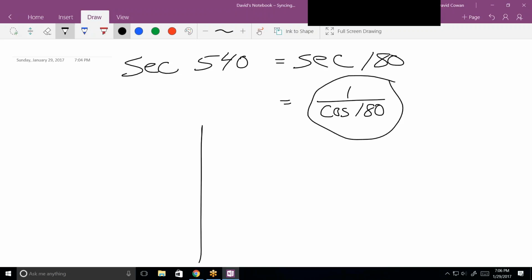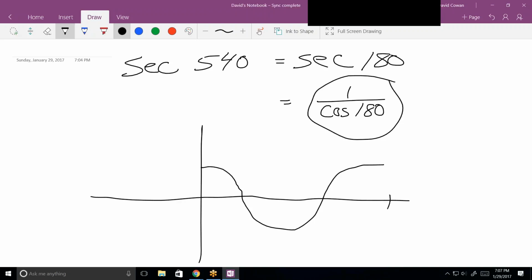Since you're working with the sinusoid function now, let's figure out cosine of 180 by graphing the cosine curve. There's 2 pi. There's pi. There's 1. There's minus 1. What's the cosine of 180?